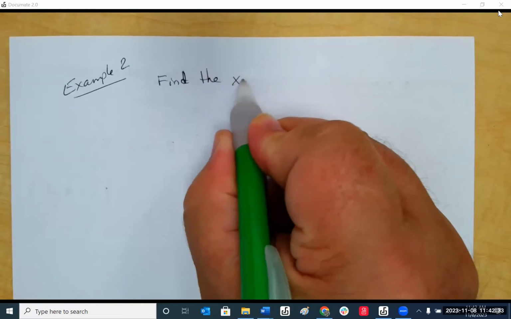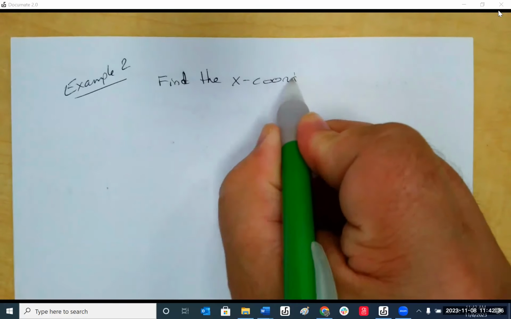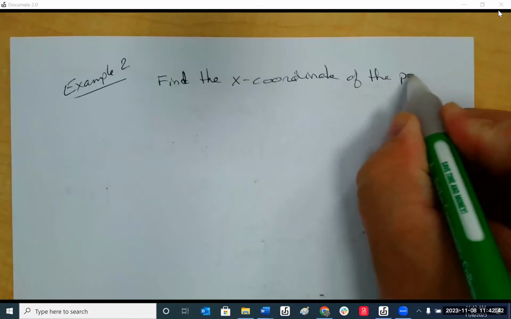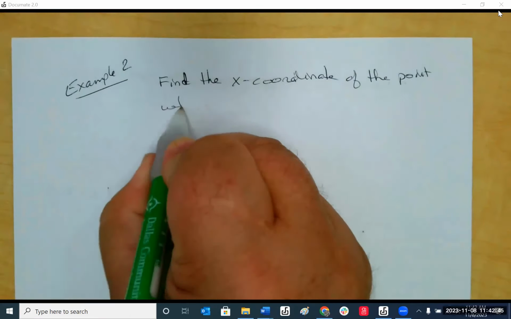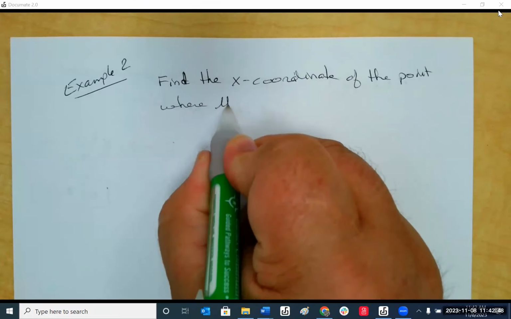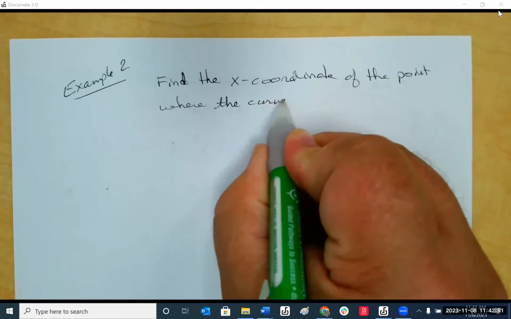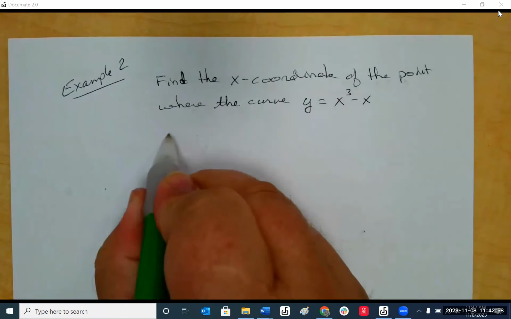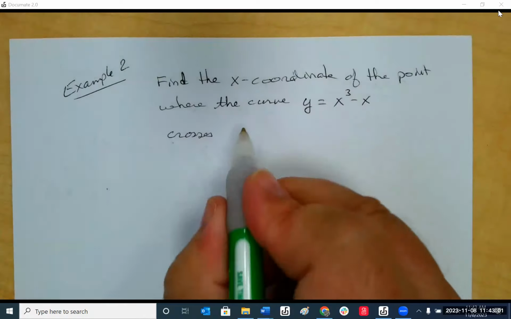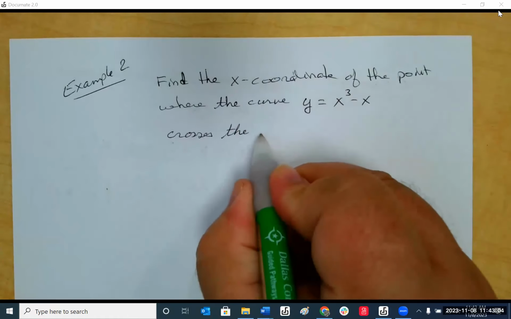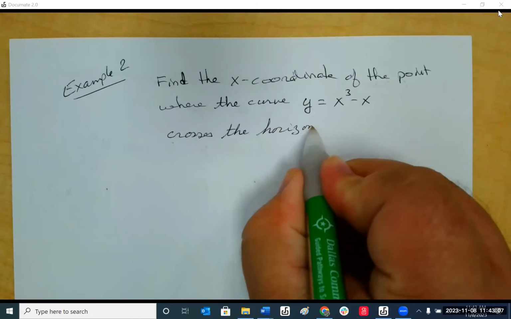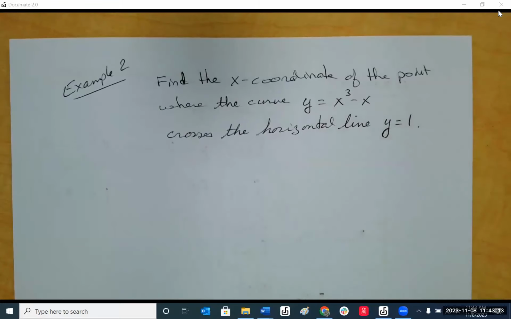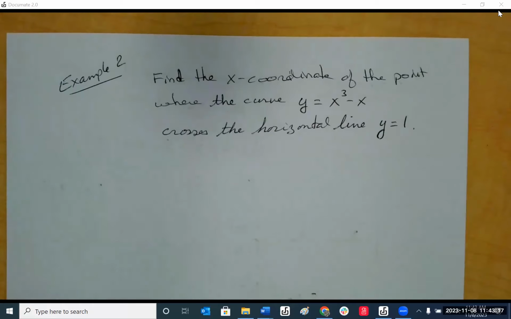Find the x coordinate of the point where the curve y equals x cubed minus x crosses the horizontal line y equals 1.